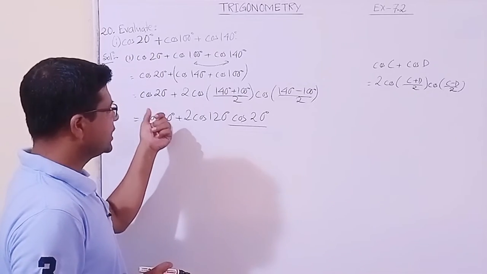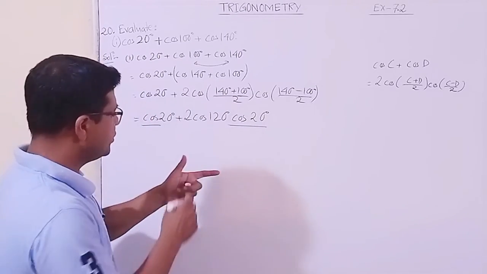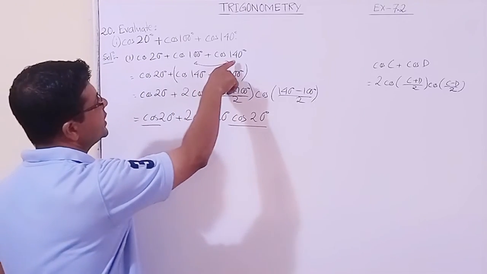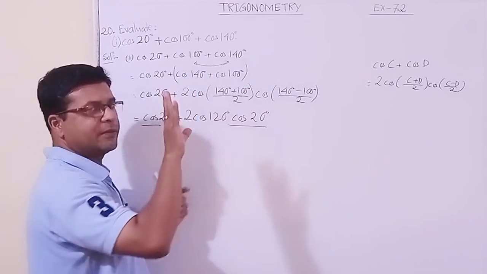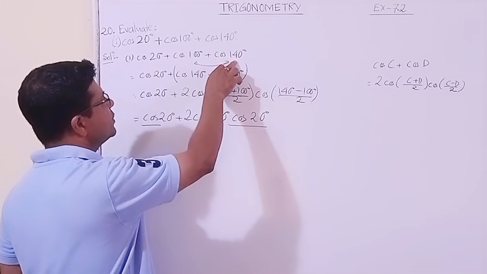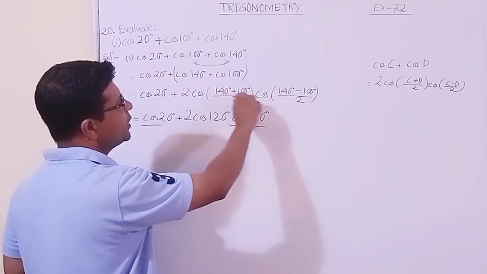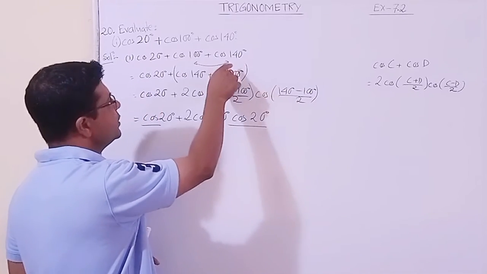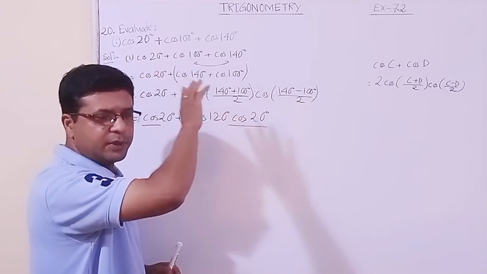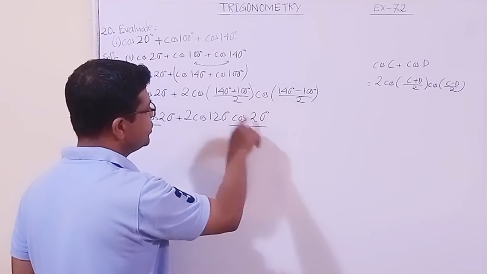So if such a case arises, then we'll take that combination where we will get other trigonometric ratios. So here you see, in mind at first we have to do the sum. They are different. At first either we have to get with their sum divided by 2 or difference divided by 2. Here this 20 we can get with the difference. 140 minus 100 is 40. 40 by 2 is 20.